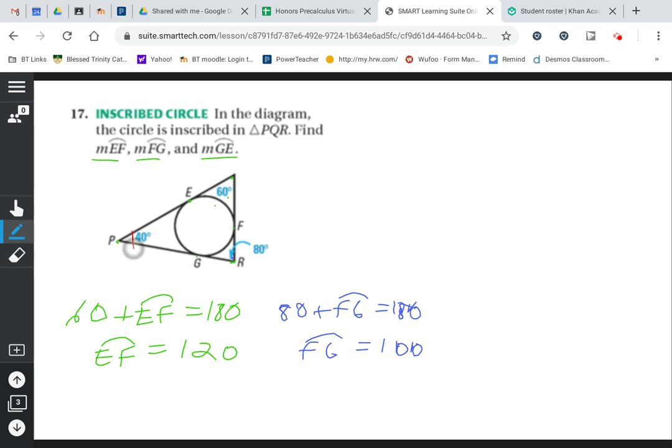And then I can do the same thing for P here and say that 40 plus EG equals 180, and so EG equals 140. If you were to add up 120, 100, and 140, you would end up with 360, which makes a full circle as well. So the answers work out great.